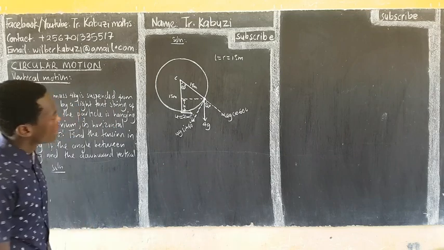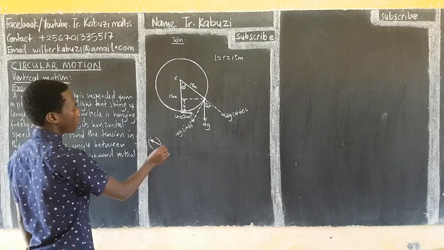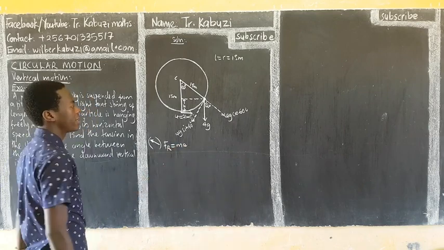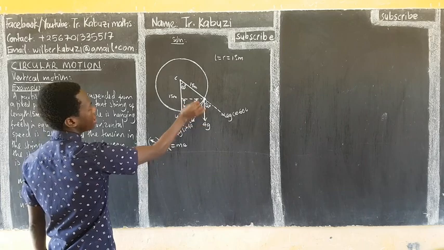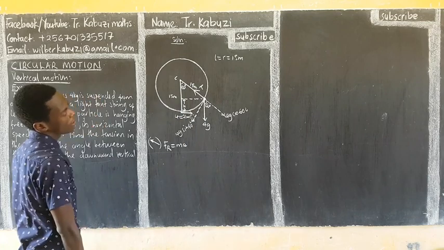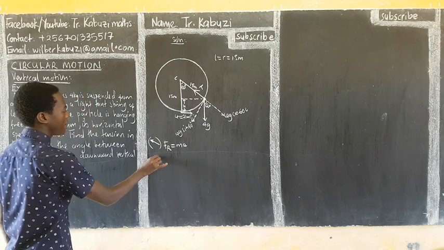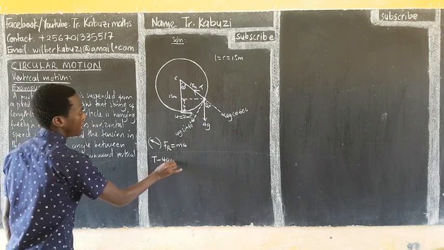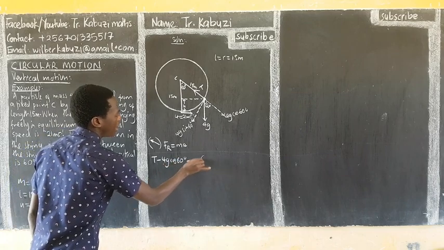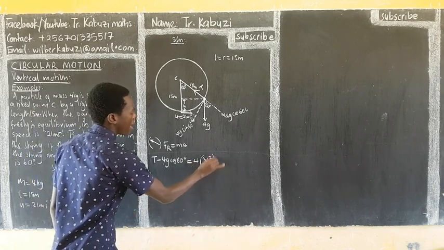Now if we resolve like that, using Newton's second law of motion, the force is going to be equal to this. What is our resultant force? We get the tension in the string. The resultant along the radius is this minus that. So we have T minus 4g cos 60 degrees equaling the mass, which is 4, times the acceleration on a circular path, v squared over r.